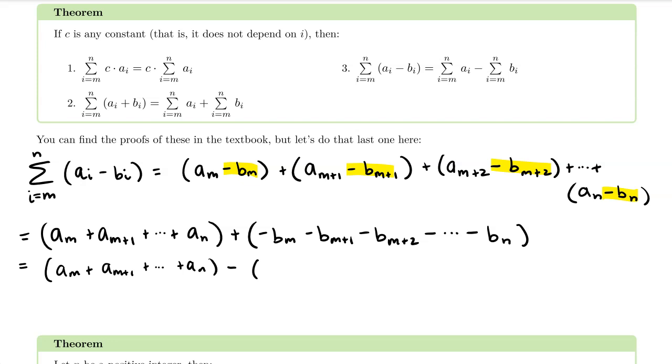And if I factored out a negative 1, then all of these would be added now.